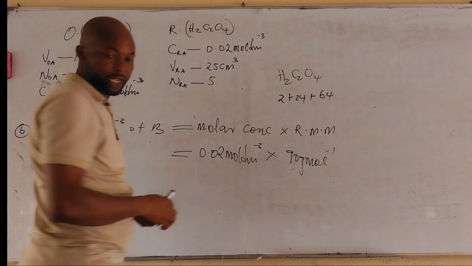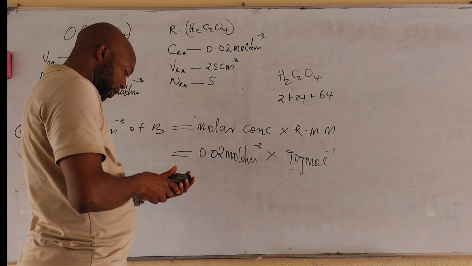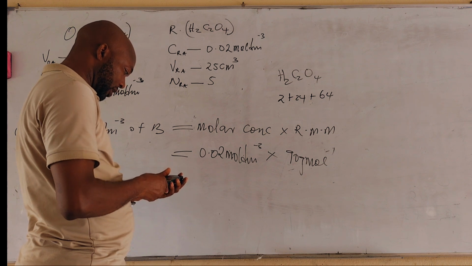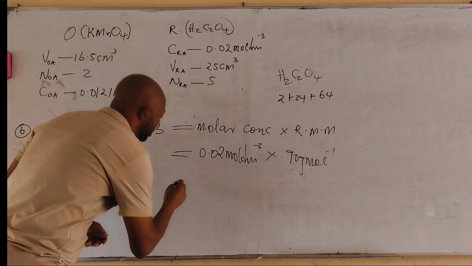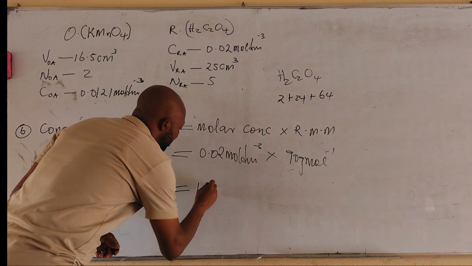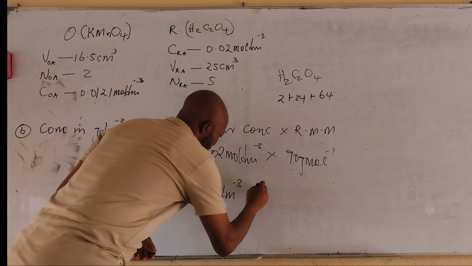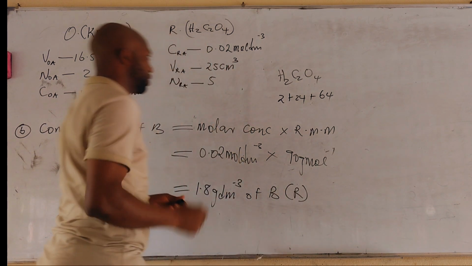So that is it. Let's see what we have. 0.02 times 90 is equals to 1.8. So the mass concentration is 1.8 g per dm cube of B, or R, the reducing agent.